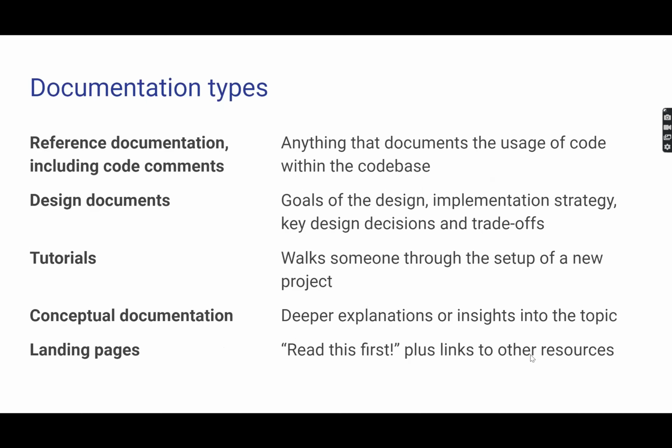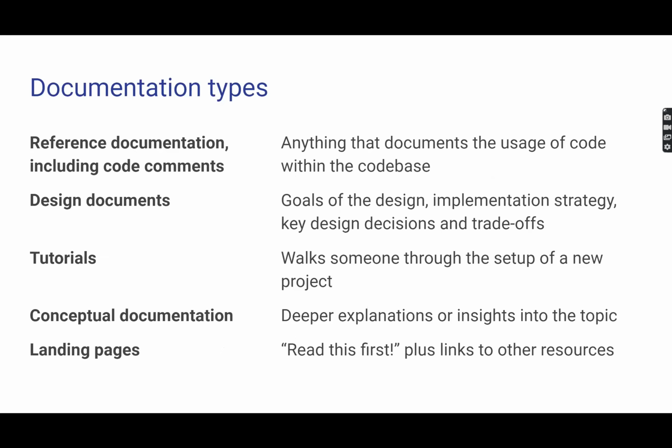So the different types of documentation. The reference documentation about how the code works. The design documents that document your decisions, that help you with your plan, and also make it clear why certain things were done. Tutorials are always good.